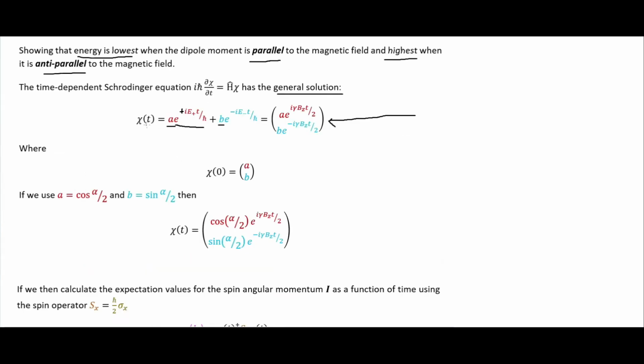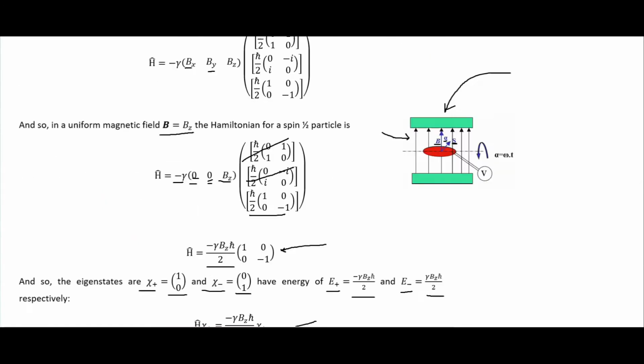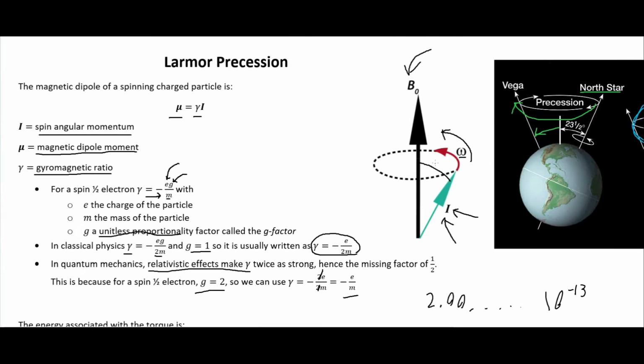And so when our t is equal to 0, so the t's will be equal to 0 in here, it turns those e to the power of 0 into 1. So we just end up with this. And we can use a equals cosine alpha, where alpha is that angle here away from the magnetic field line.